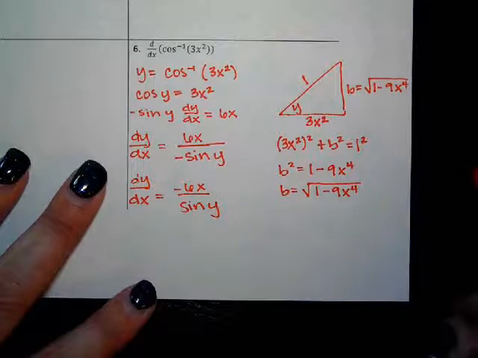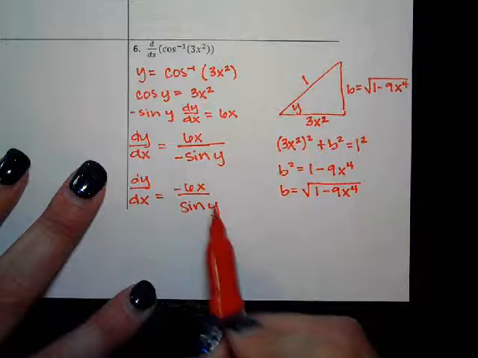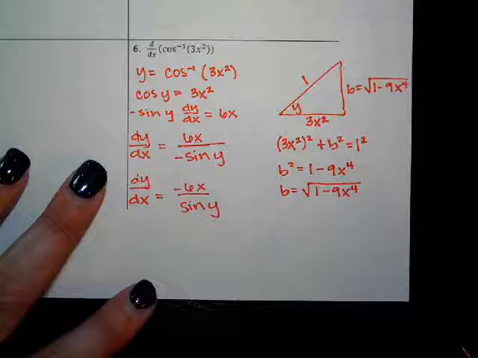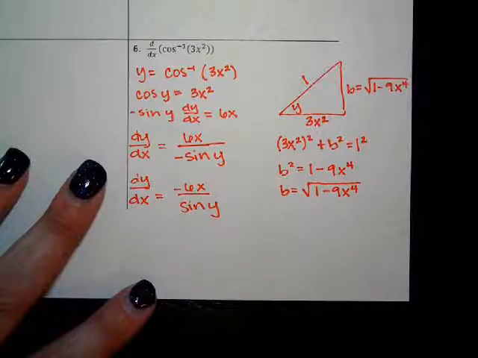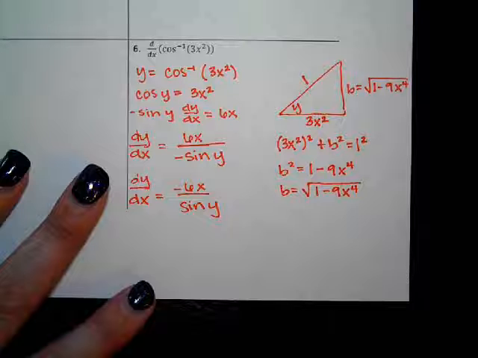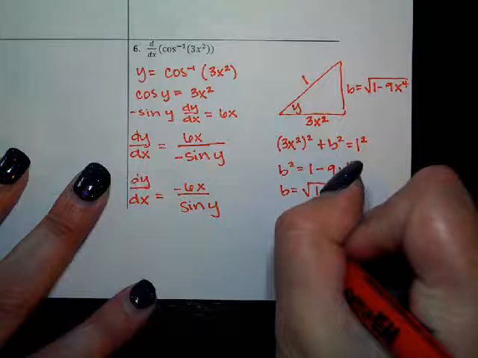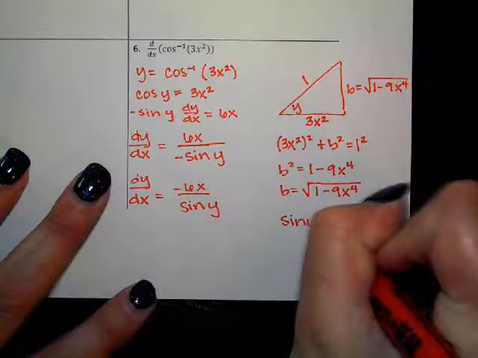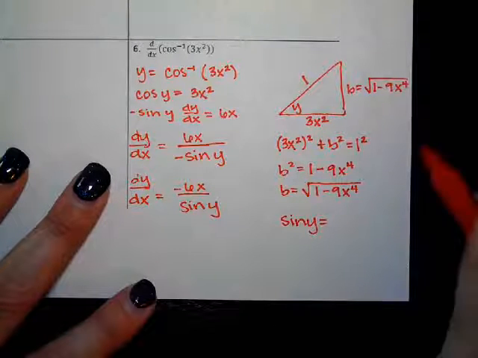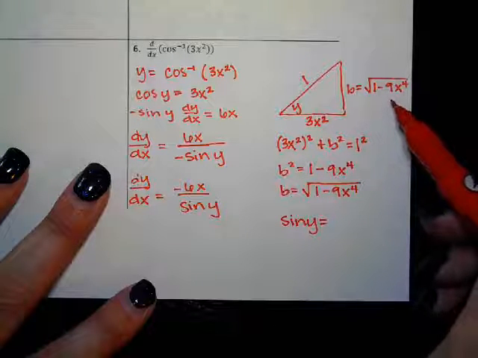And then what am I going to do with the sine y? Yeah, it's going to be opposite over hypotenuse. So sine y equals opposite over hypotenuse based on this triangle.